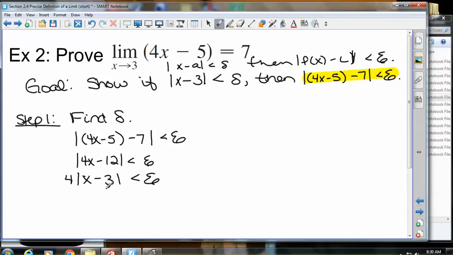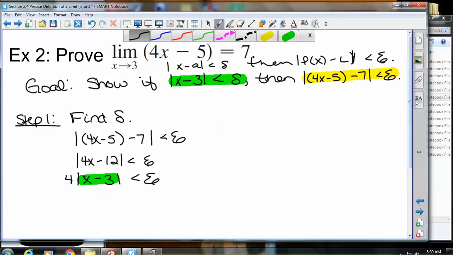We have seen the absolute value of x minus 3 before. Where did I have that? Yeah, look at my goal. Right there. So let's solve for this absolute value of x minus 3.